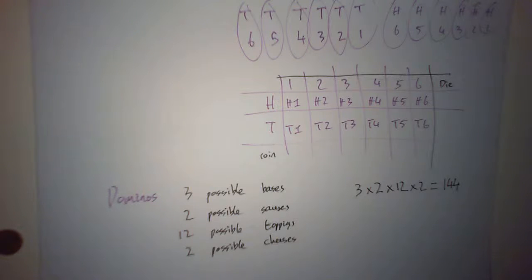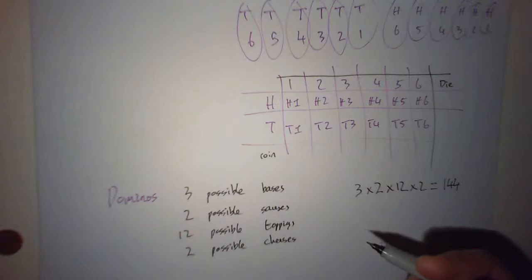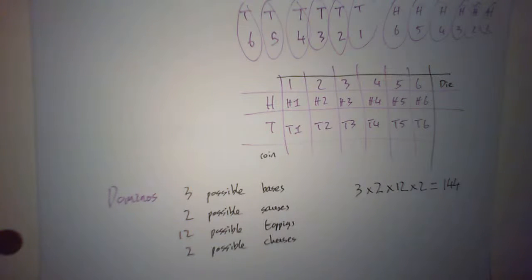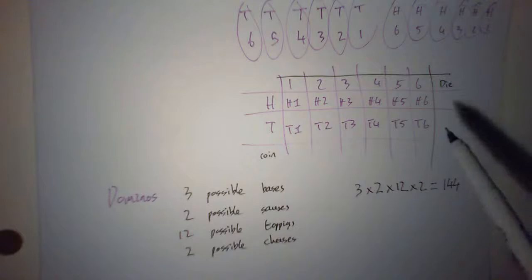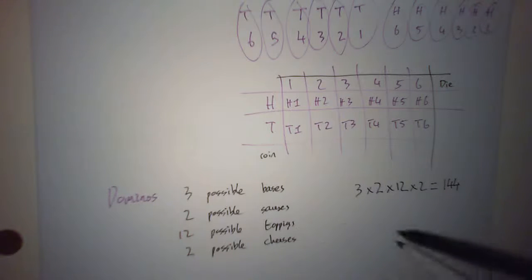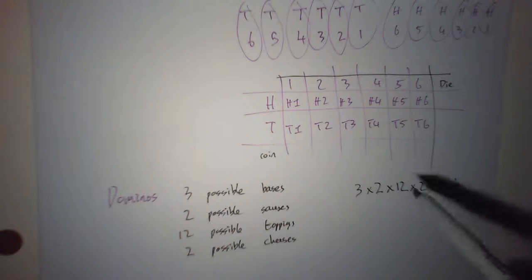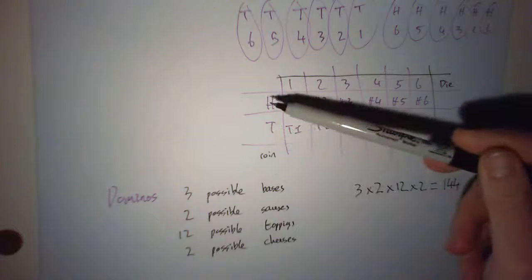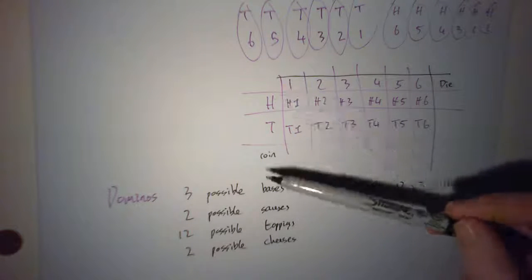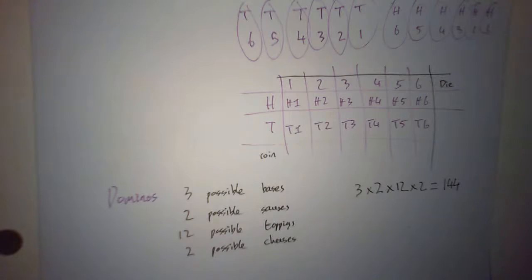Okay, so that's the basis of the fundamental principle of counting. It's a very important thing. Why is it important? It's important because it gives you the ability to find out the total number of possible things that could happen when two or more events happen at the same time.